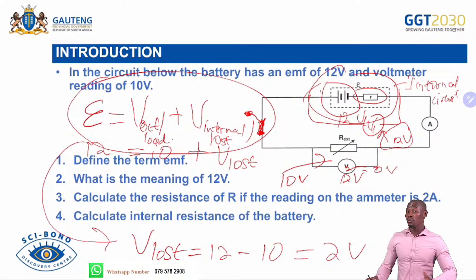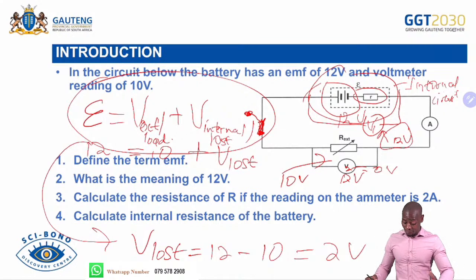All right. So I hope we are together in this, learners. If there is internal resistance, there will be two circuits now: the internal circuit and the external circuit. The internal circuit is the battery, where you have the EMF and the internal resistance.